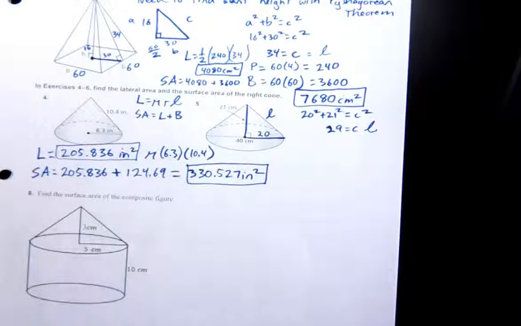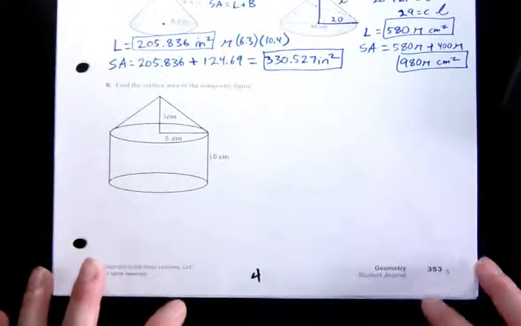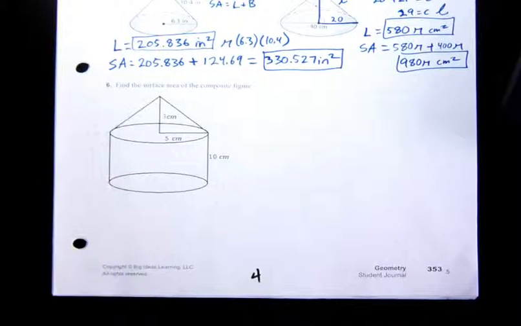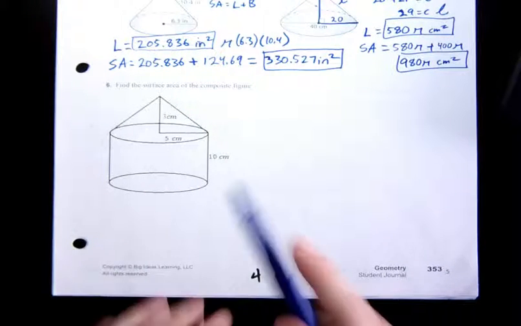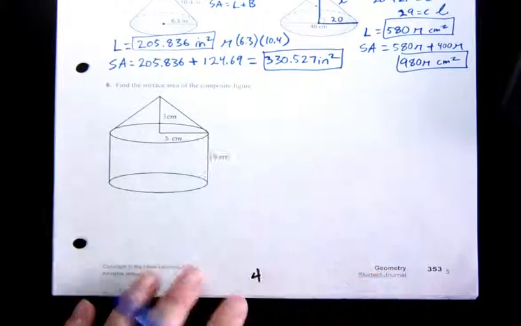Okay, so I'm going to pause again, see if you can complete this problem. This is with whole numbers, so we're going to leave it in pi format, okay? This one is just two shapes, right? And so what do you think we're going to do with these two shapes? Add them together, except we don't do where they touch each other.